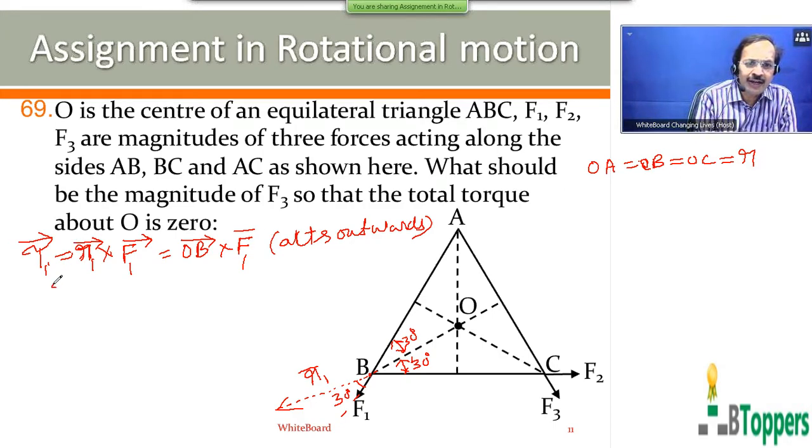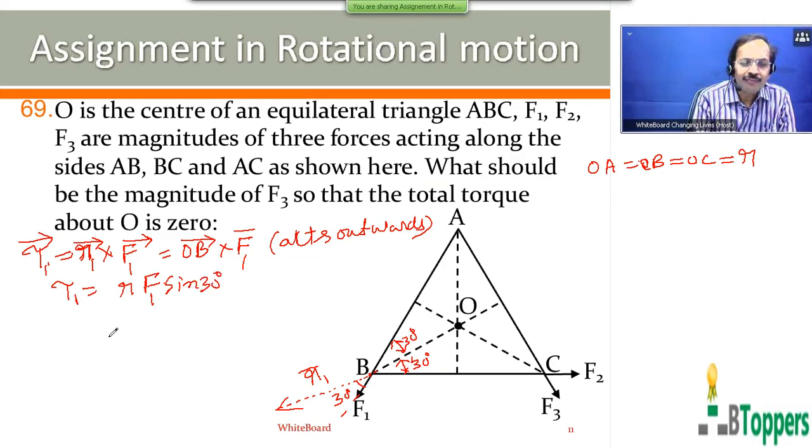So the magnitude of the first torque you can write as mod of R1 bar, equal to R here, R into F1 sine 30 degrees. Similarly, you can find the moment of the second force F2 bar.